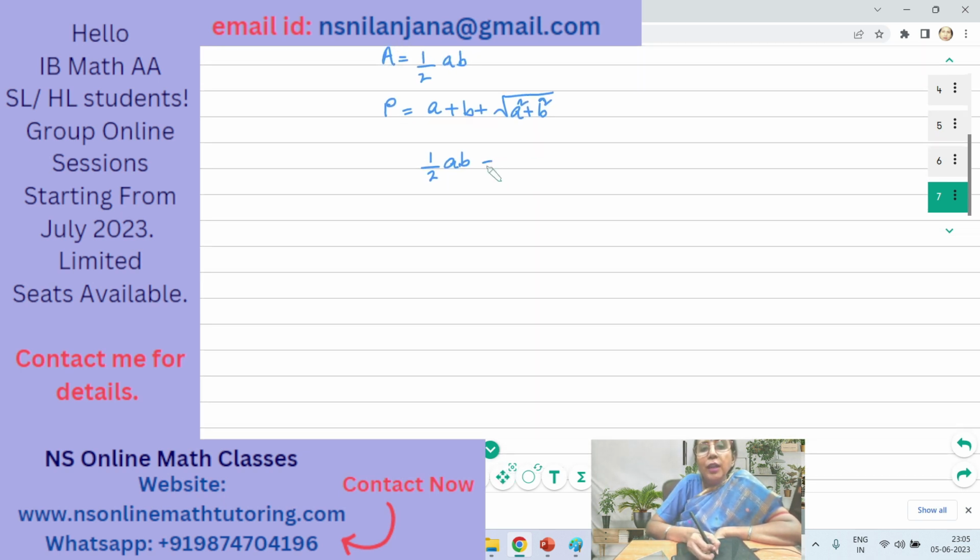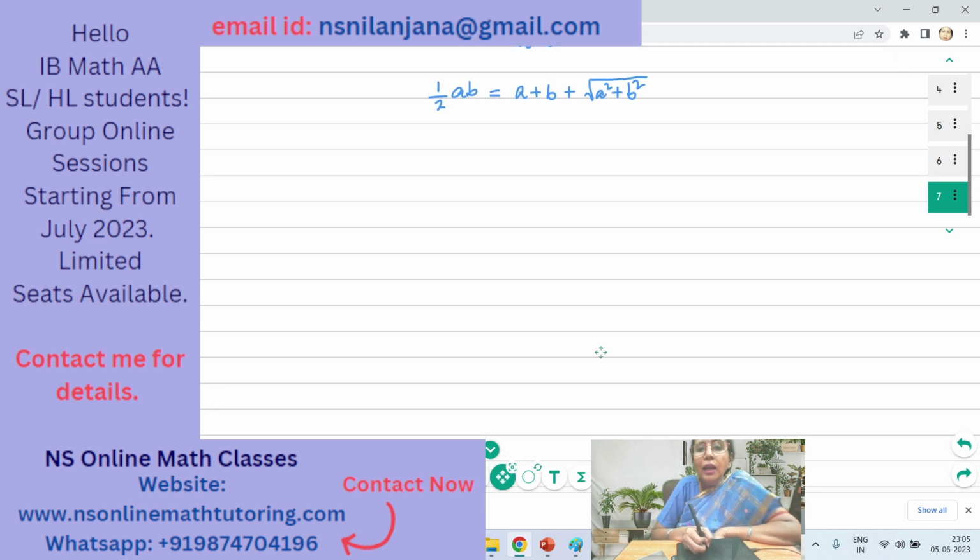Half AB equal to A plus B plus square root of A square plus B square. And I can keep the square root part on one side of the equal to sign and get all the other terms to the other side.